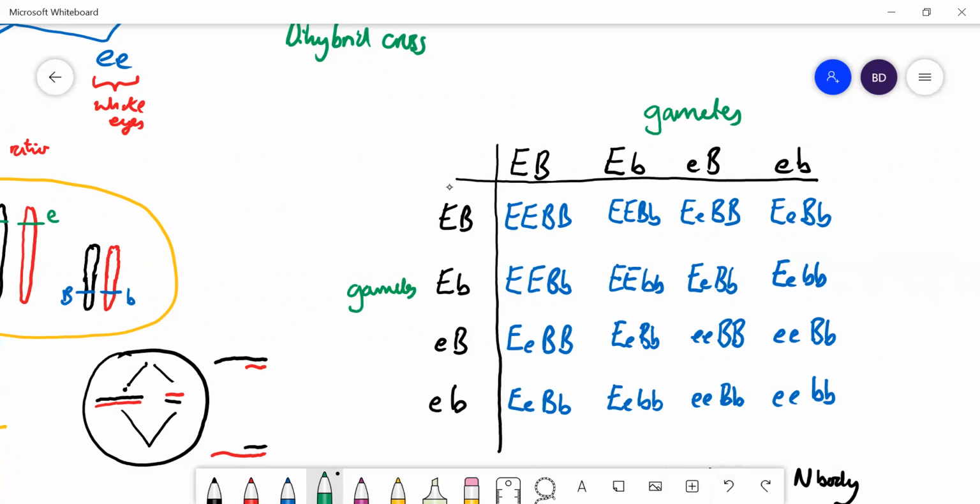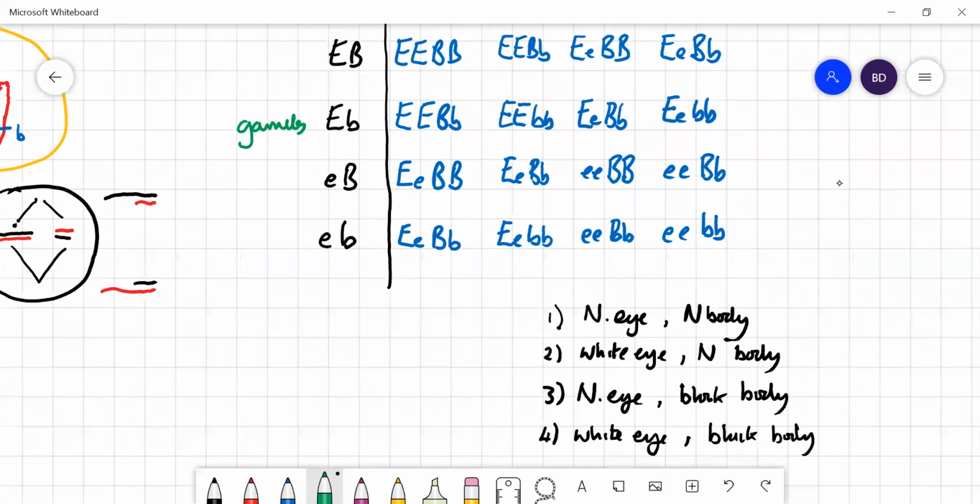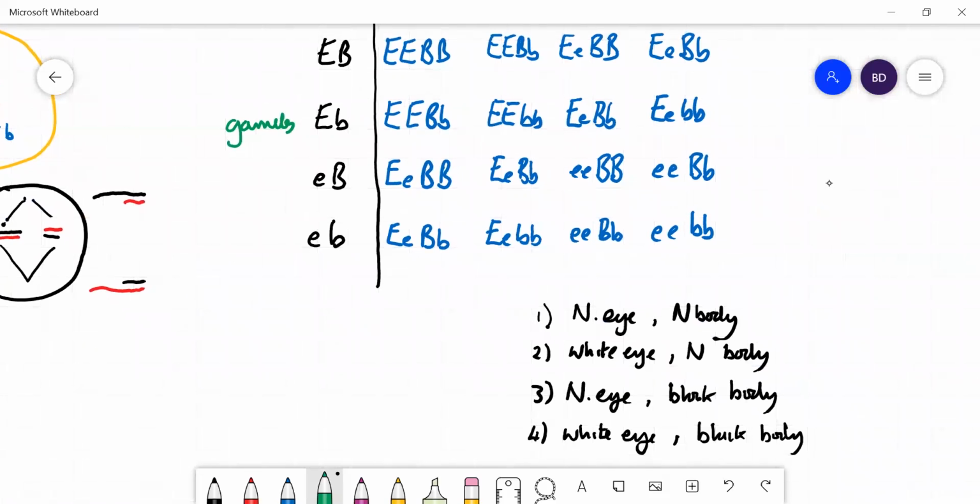What I've written down here are all the possible phenotypes that you can have. There are 4 possible phenotypes. You can have normal eyes and normal body color. To color code them, you could have white eyes and a normal body color. You could have normal eyes and the black body color, or you could have the mutated version of both genes, so white eyes and black body color.